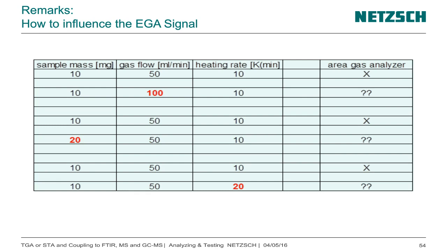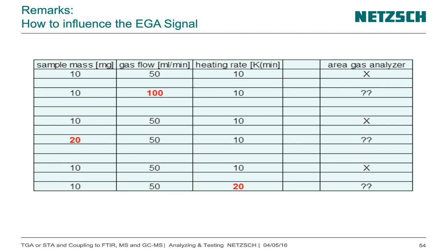And as I said, I was a long time at university and teaching, and I'm always asking people, okay, what will happen with the peak area? And the peak area is related to the amount of evolved gas if I double the gas flow. Or what will happen if I double the sample mass?